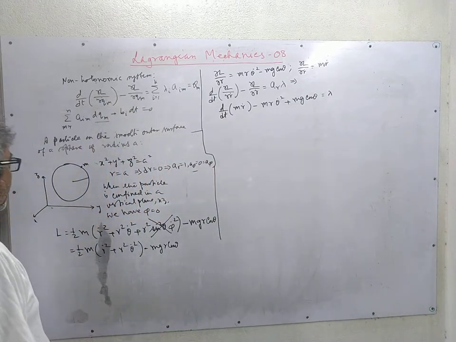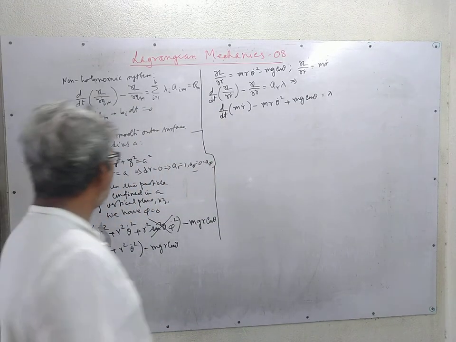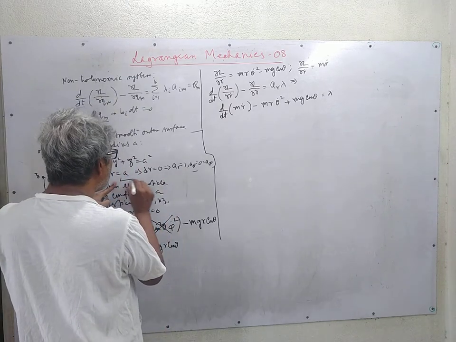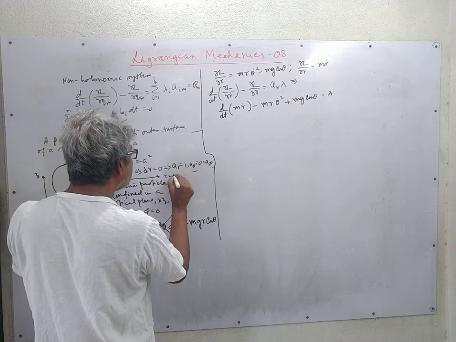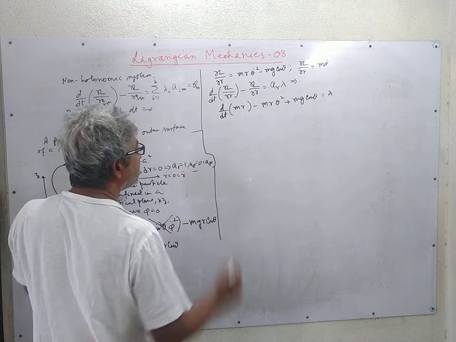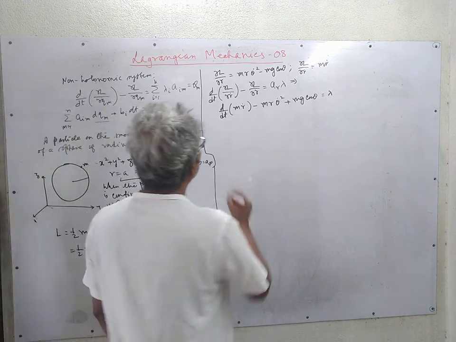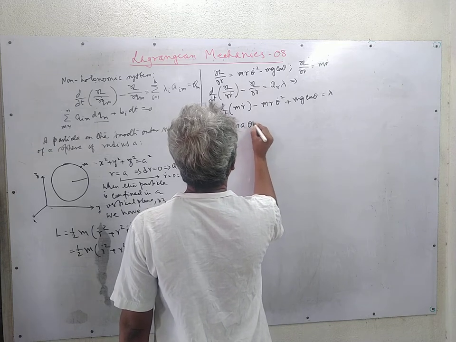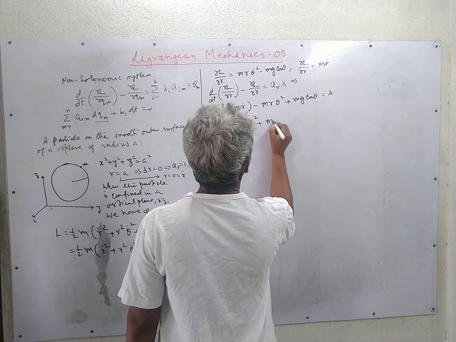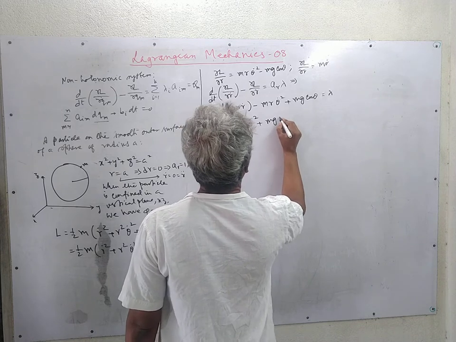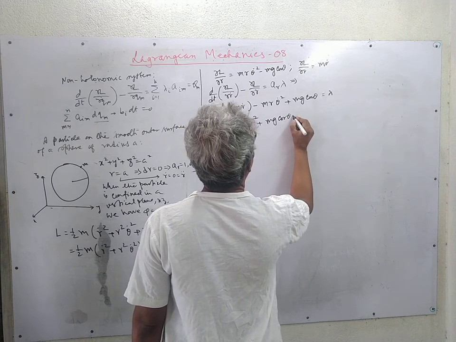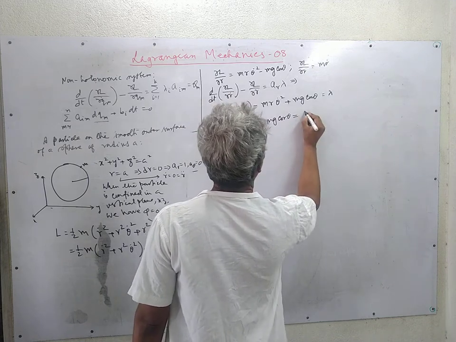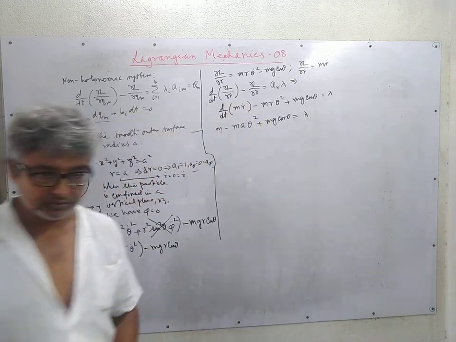The condition of constraint is that r is equal to constant, so r dot is equal to 0 equal to r double dot. So we get m a theta dot square plus mg cos theta equal to lambda. This is one equation.